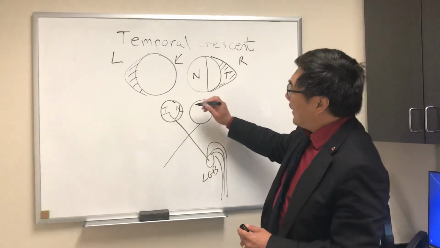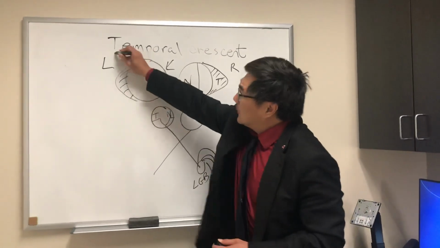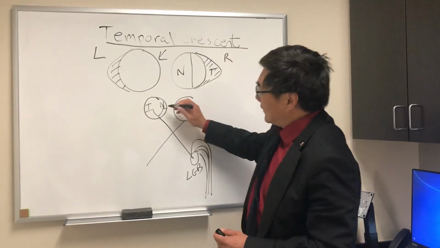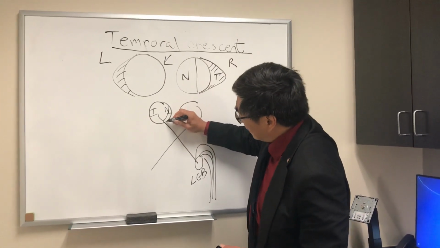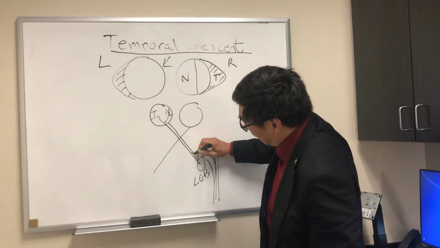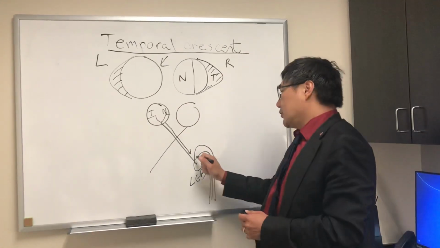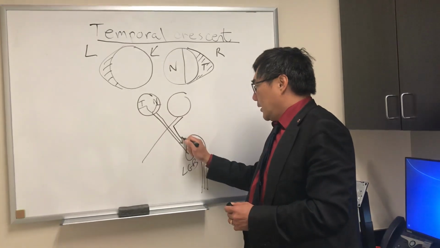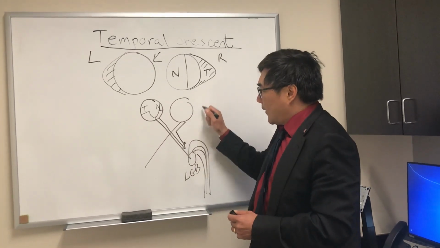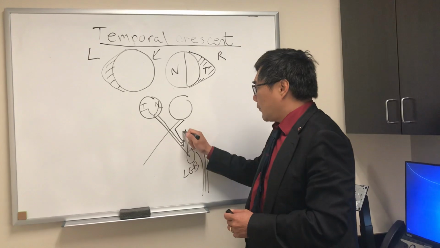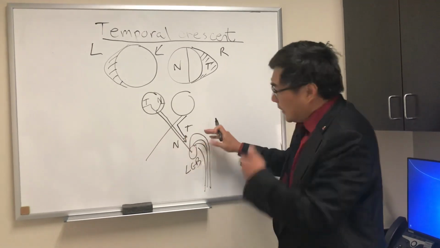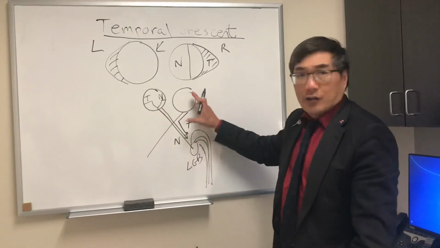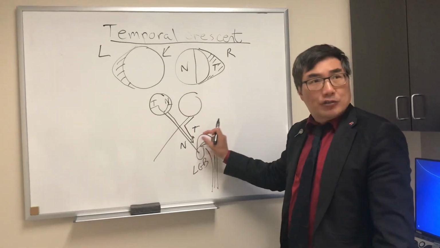So when we have a temporal field defect, that represents the nasal fiber. The nasal fiber is actually the crossing fiber. And when the nasal crossing fiber crosses, it meets up with its correlate from the fellow eye, which is the temporal fiber. So the nasal crossing fiber and the temporal uncrossed fiber meet in the optic tract.